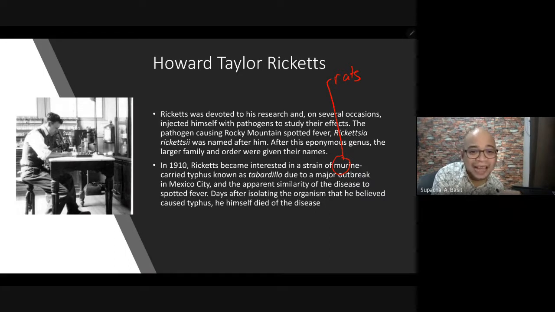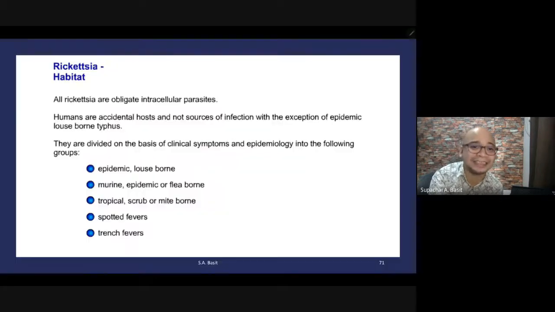Days after isolating the organisms that he believed caused typhus, he himself died of the disease. That's the reason why culturing of Rickettsia has proven to be very dangerous, because even the scientist himself died from typhus fever. So that was the story of Howard Taylor Ricketts.